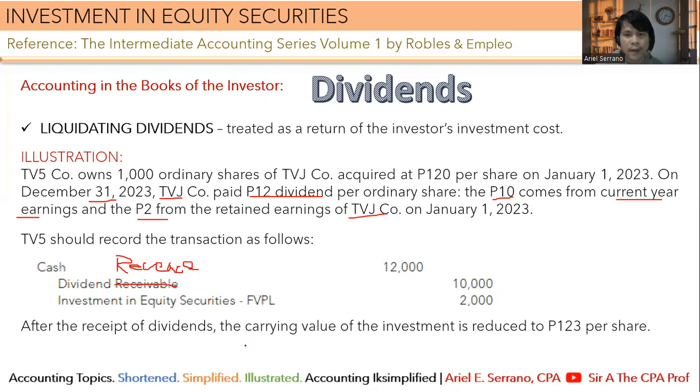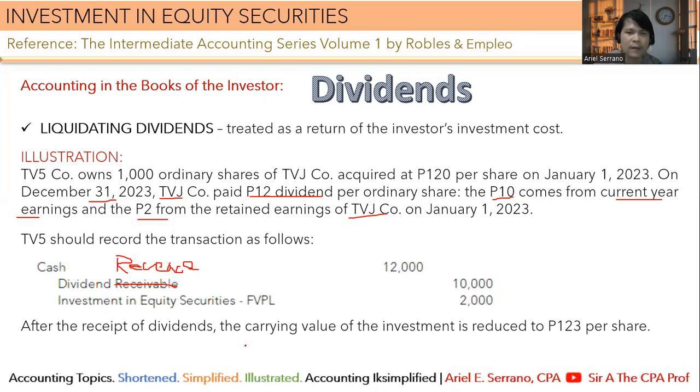Dito sa ating problem, the 2 peso coming from the retained earnings, and not from the current year operation, represents a liquidating dividend. So parang ang sinasabi dito sa 12 peso dividend ay yung 10 peso coming from the current year's operation, yun lang talaga yung dividend. Pero yung 2 peso, it's a return of capital. No?